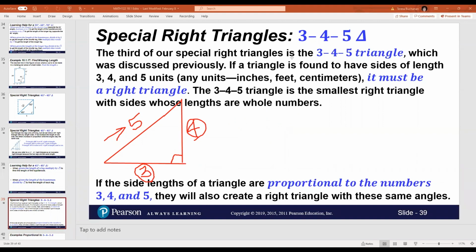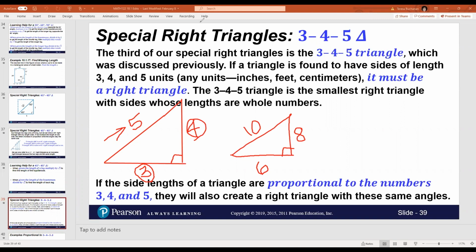What if I have a right triangle where I have a length of 6, a length of 8? It's not to scale, so don't worry about that part. I automatically know that here I'll have a length of 10.